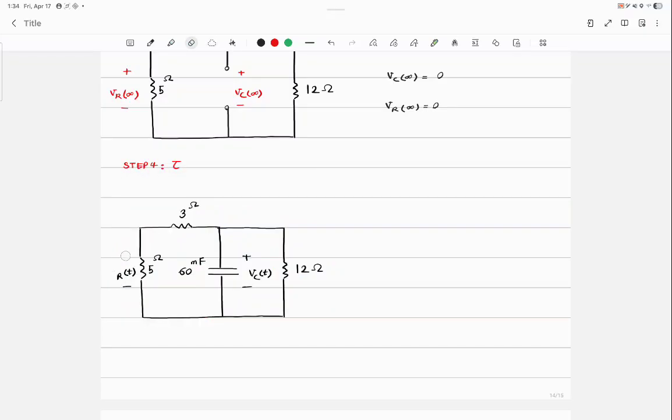First of all, remove all the labels, not the values, the variables. Then remove the capacitor. Don't replace it with anything. Create 2 terminals across the capacitor to find the equivalent resistance.